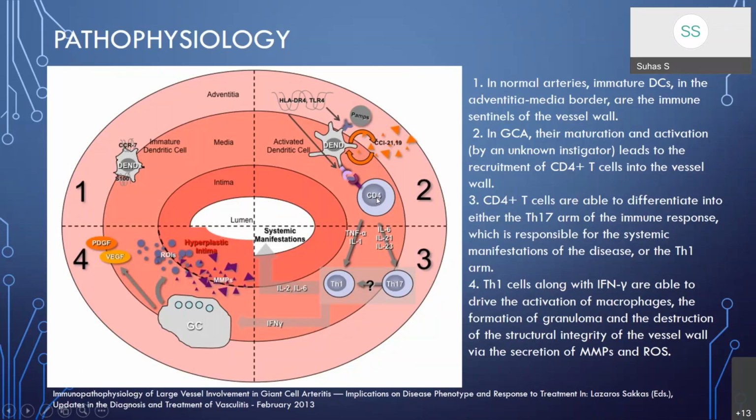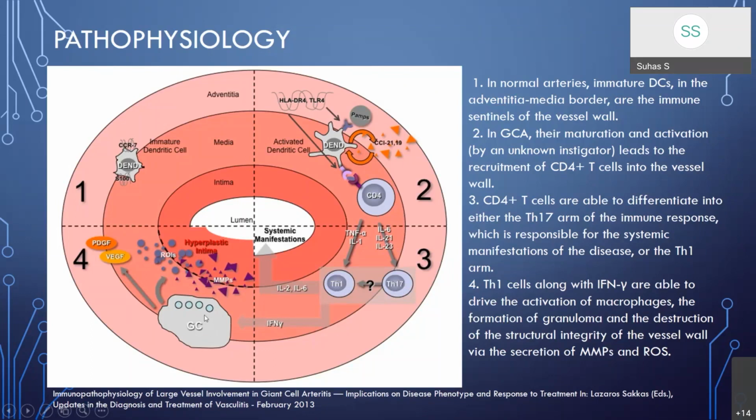These CD4 cells propagate along two lines. When they differentiate along the Th17 lineage, they cause systemic manifestations. And when they differentiate along the Th1 lineage, through interferon gamma, they cause activation of macrophages, and the macrophages are converted into giant cells.